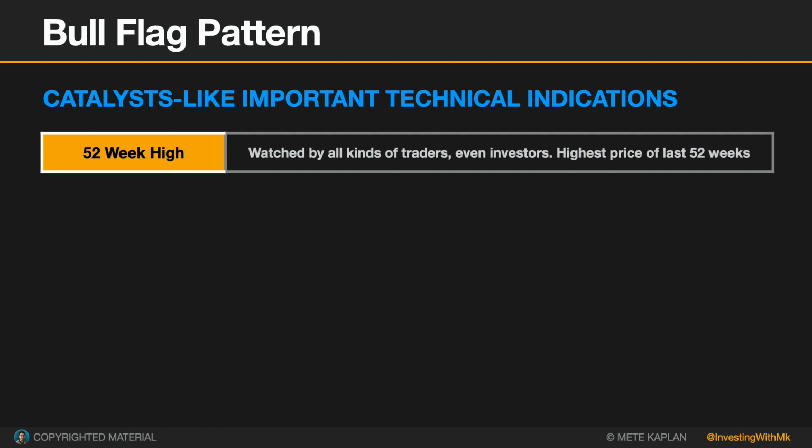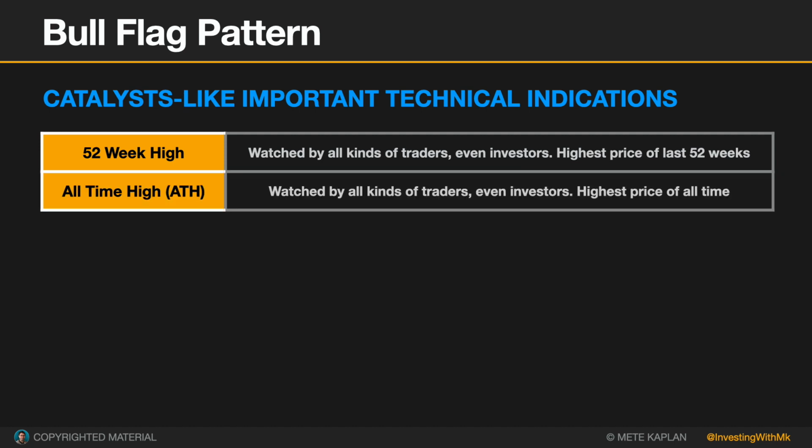52-week high, extremely important resistance once it's broken. The price generally flies and creates bull flags in a row. All-time high, even more important than the 52-week high, because once the all-time high, ATH, is broken, the sky's the limit.